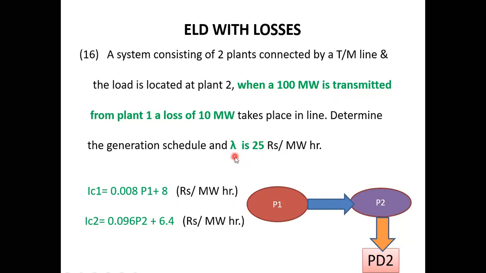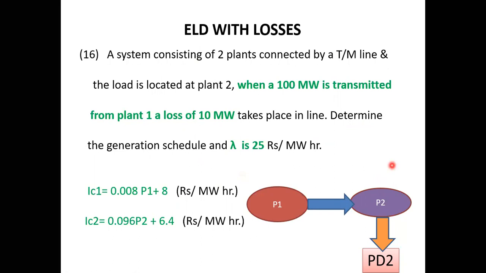Similarly, one more given data is lambda equals 25 rupees per megawatt. And they have given IC1 and IC2 for the corresponding two plants. They are asking to determine the generation schedule. Means we need to find P1 and, at the same time, P2.